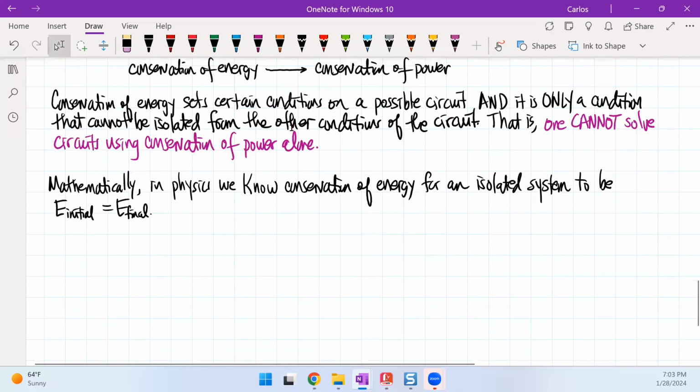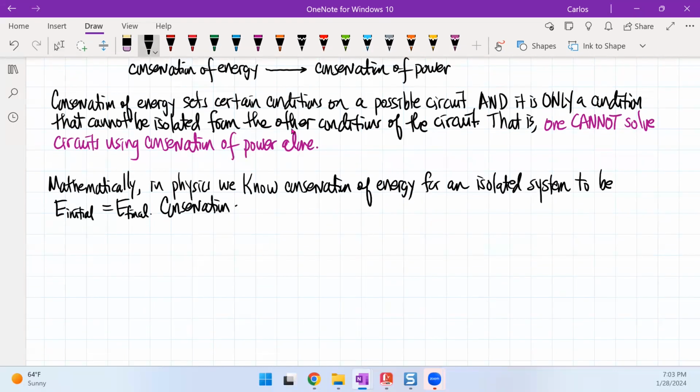Well, we can do effectively the same thing in conservation of power. Conservation of power implies that all active powers must equal all passive powers. And this can be tricky.